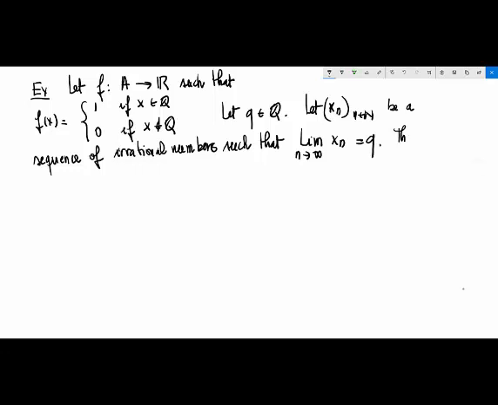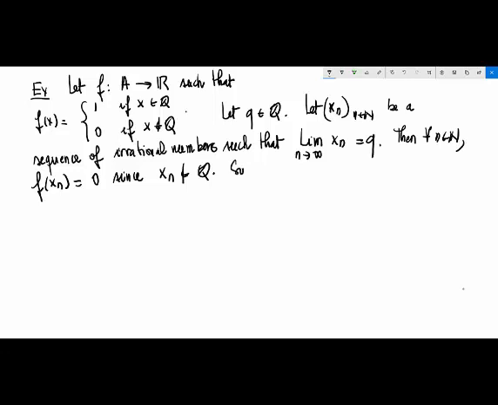Then for any natural number n, it is clear that f of xn must be 0, since xn is not a rational number, by using our definition of f.